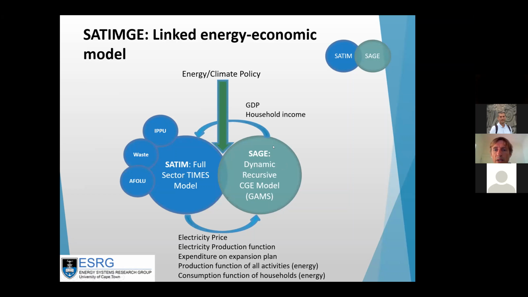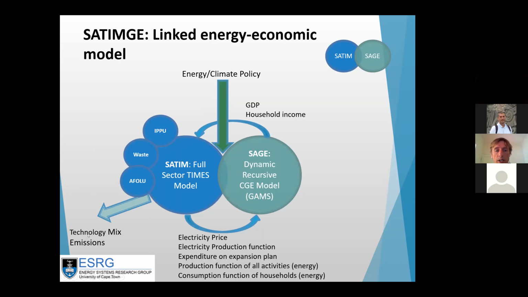The GDP comes from sector GDP, and household income comes from the CGE model, which drives the useful energy demand in the energy model, from which we get the least cost technology mix, and then we pass back to the CGE the production function for the different sectors in the power sector, expenditure on the power expansion, and tweaks some of the energy consumption behavior in the households.